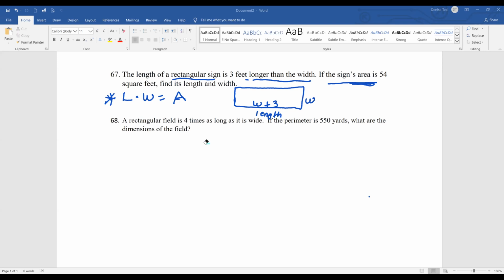So we have the length times the width, and the area is 54. So let's just plug it in. So the length we say is W plus 3, and the width is W. And when we multiply those two together, that's going to equal 54.